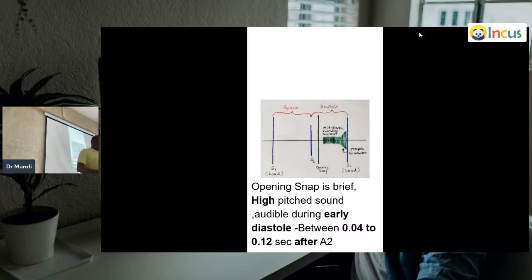Suppose after S2, 1, 2, 3, 4, 5, 6, 7, 8, 9, 10, 11, 12. 0.12 seconds should pass before you hear the opening snap. But if it occurred early, between A2 and OS, does it mean the mitral stenosis is more severe or less severe? More severe. Why?